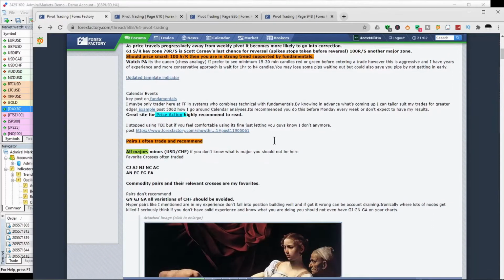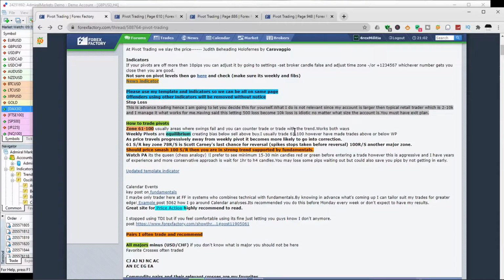This is a counter trend trading strategy. He says you can trade it with the trend, but it looks like you get your best entries coming off of the pivots and using divergence.